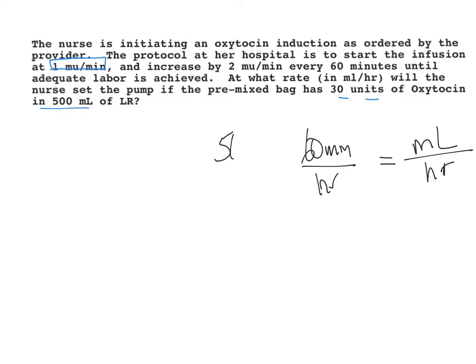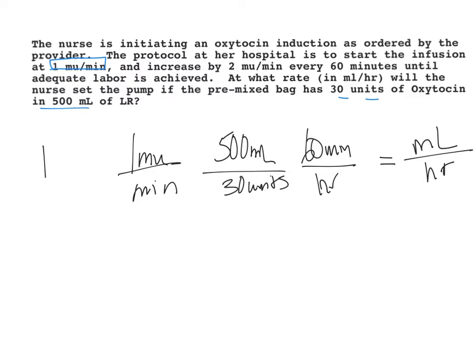We have a 500 ml bag that has 30 units. We want 1 MU per minute, so we'll put 1 MU per minute. And we need to somehow convert those units to milliunits. So let's go ahead and make 1 unit equal to 1,000 milliunits.